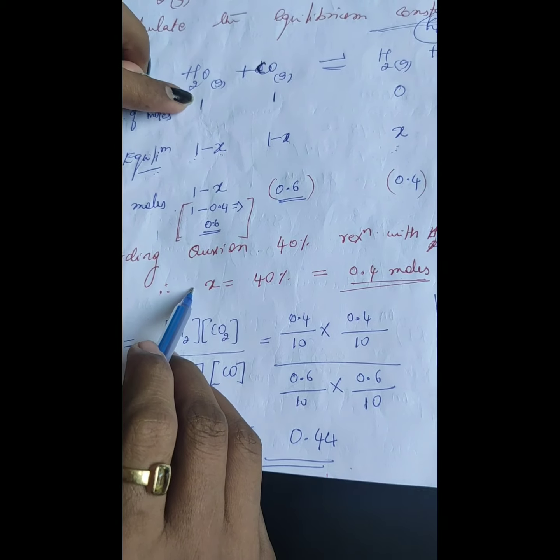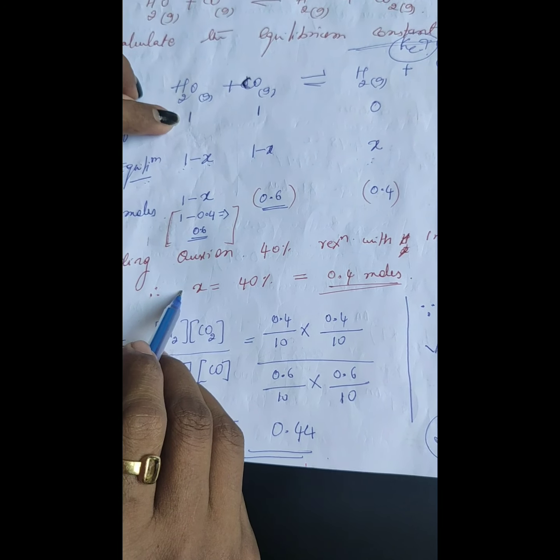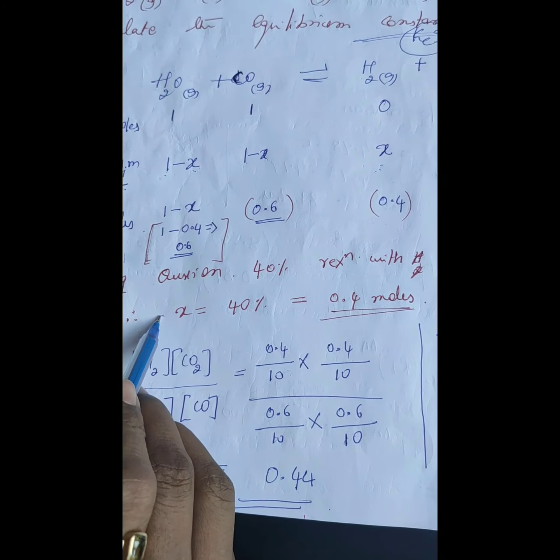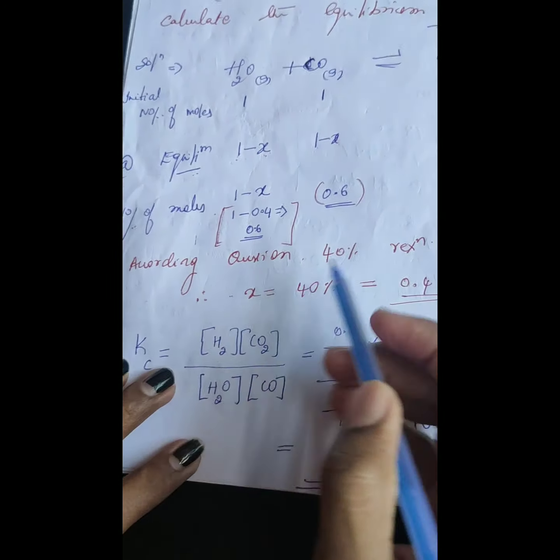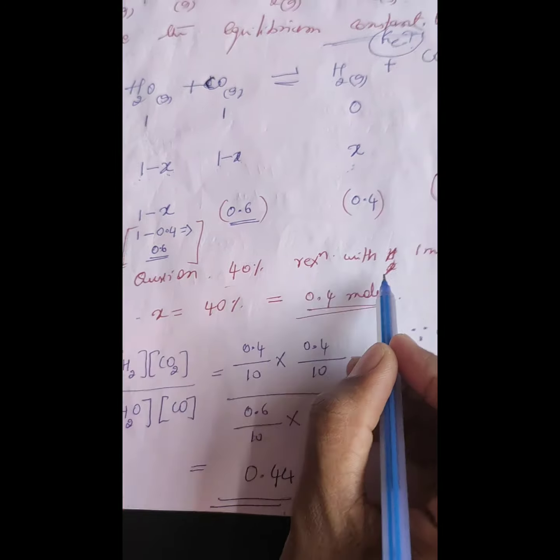Here 1 mole was taken at the beginning, so only 0.4 will be reacted. So according to the question, X will be 40%. That indicates X can be equated to 0.4 moles from the given data.